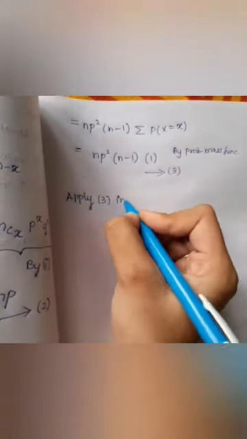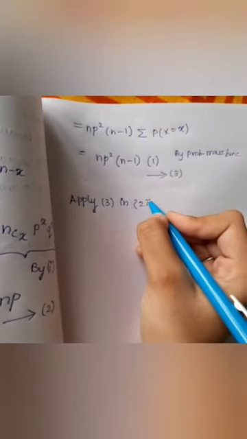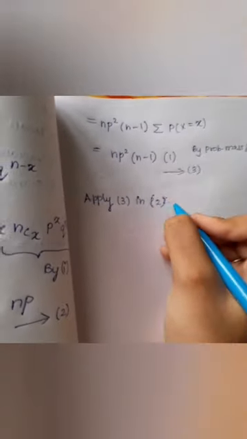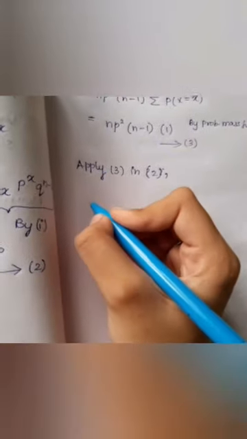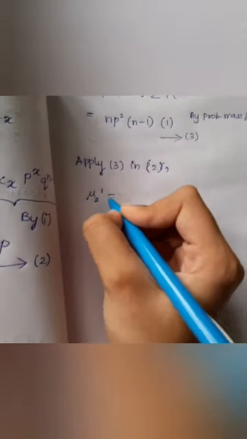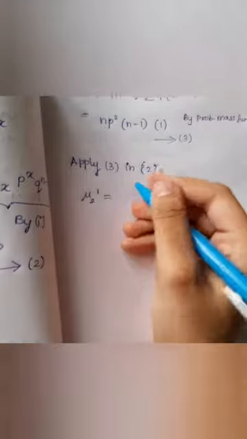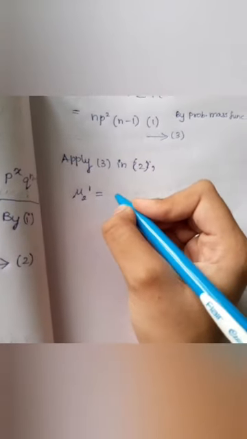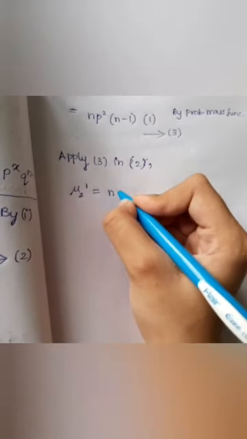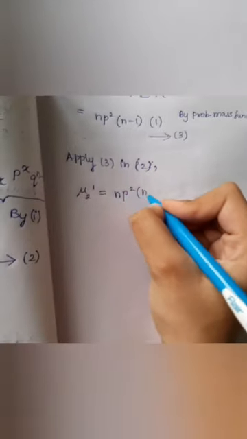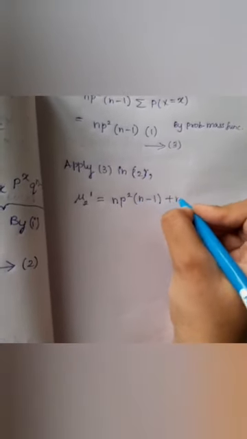Apply equation 3 in equation 2, we get mu2 dash is equal to np square into n minus 1 plus np.